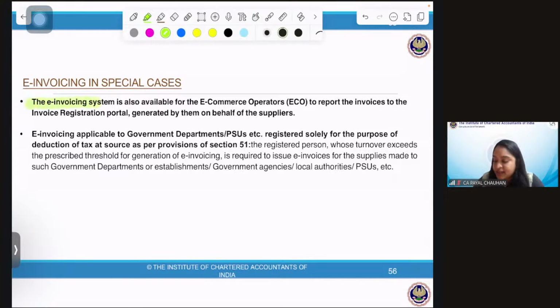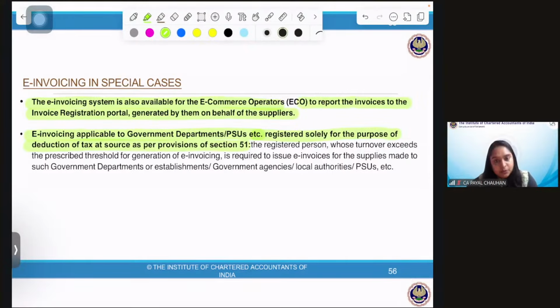Now, e-invoicing in special cases. The e-invoicing system is also available for an e-commerce operator to report the invoice to the invoice registration portal generated by them on behalf of supplier, ECO also. And e-invoice is applicable to government department, PSU, registered solely for the purpose of deducting tax at source as per the provision of section 51. If I'm a DDO, right?